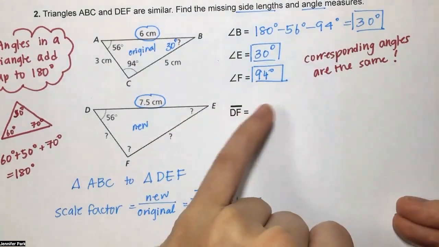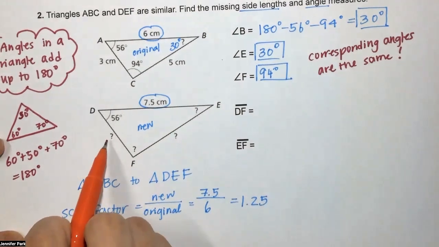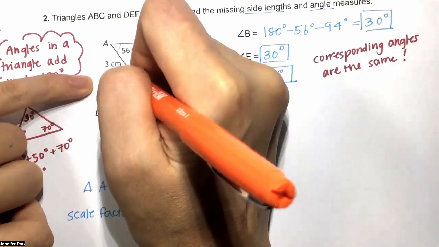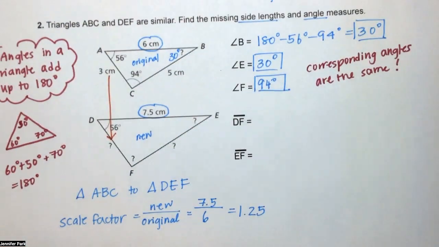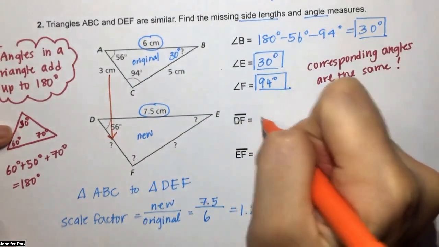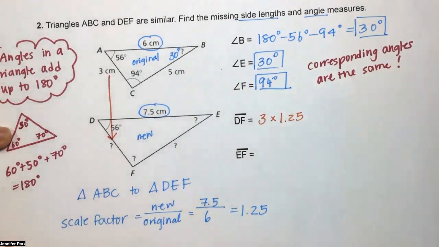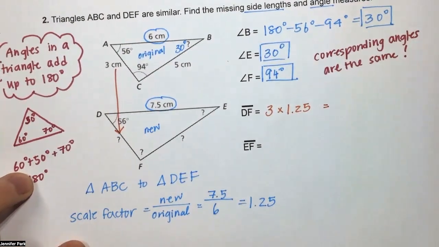So we're going to find DF by multiplying. DF is right here. It corresponds to 3 centimeters. They match. So I'm going to draw an arrow. I'm going to multiply 3 by 1.25. You put that in the calculator. Sorry, I don't have time to do the calculator, so I'm going to leave that to you.